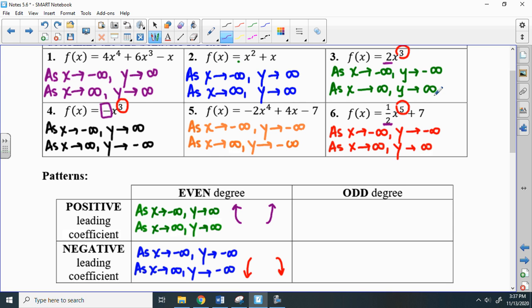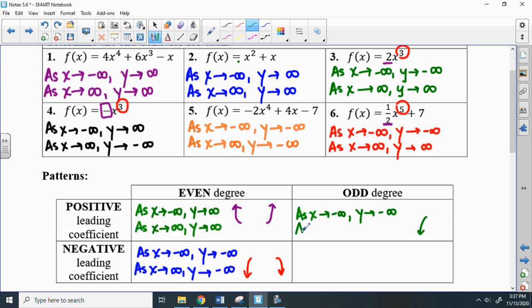So let's look at the end behavior. They're actually exactly the same. When we look at the left side, as x approaches negative infinity, and the degree is odd and the leading coefficient is positive, the left side will be going down.